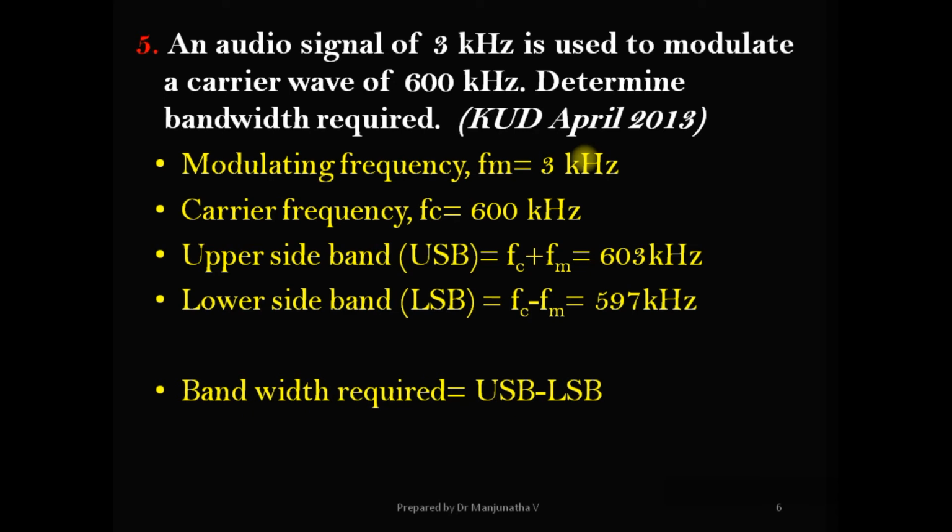So the bandwidth is the difference between this upper sideband frequency and the lower sideband frequency. We get 6 kilohertz, and if you use the other formula, 2 into modulating frequency, then you get 2 into 3 is 6 kilohertz. So you are getting the same answer.